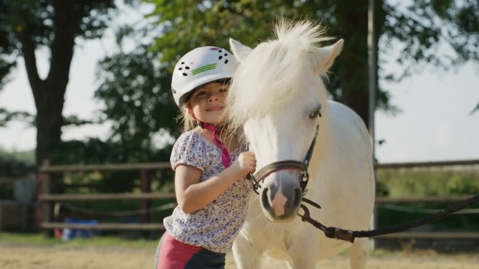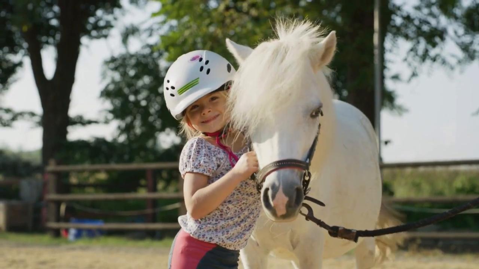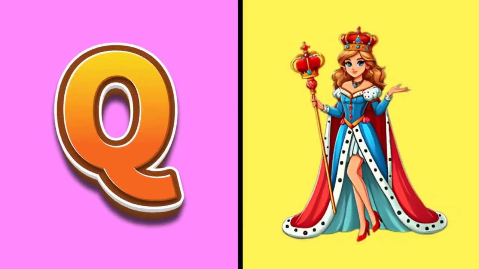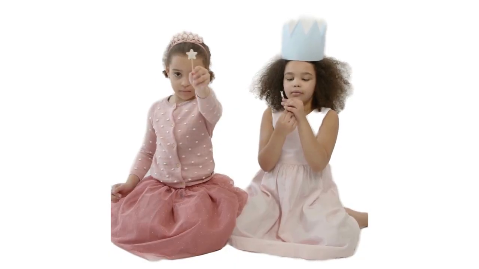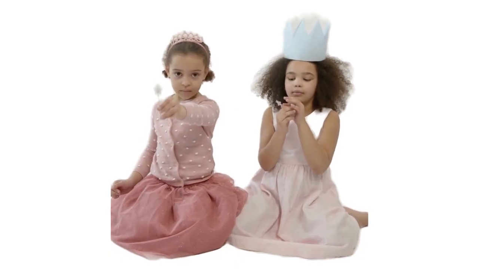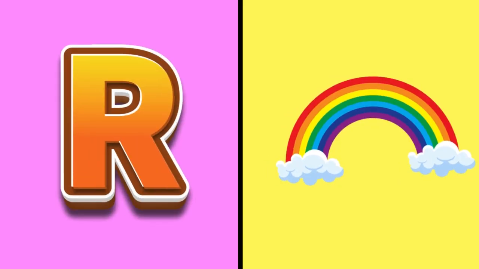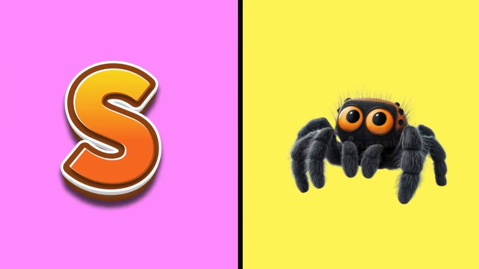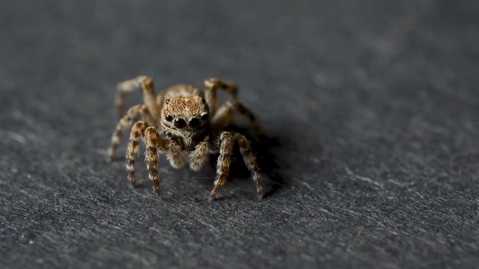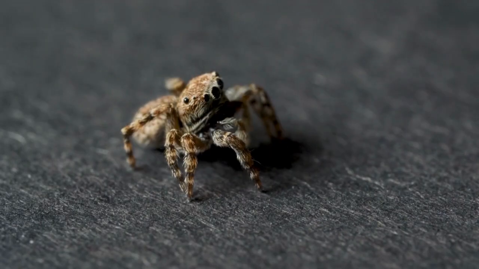Pony, pony. Q is for queen. Queen, queen. R is for rainbow. A rainbow, rainbow. S is for spider. Spider, spider.